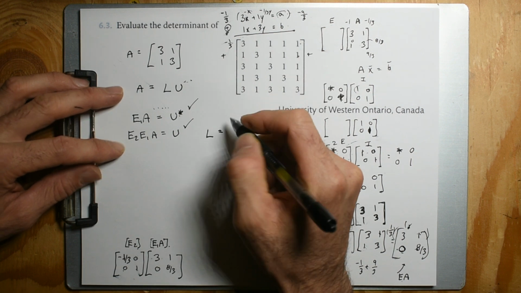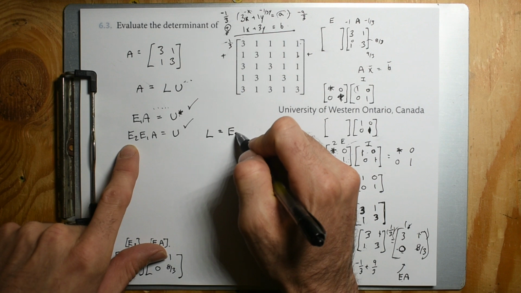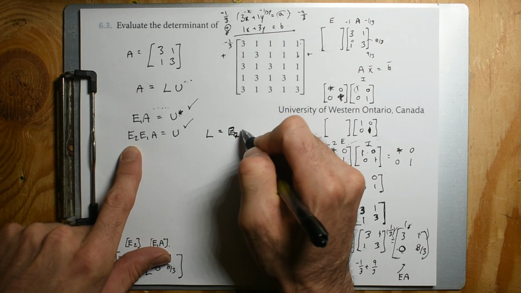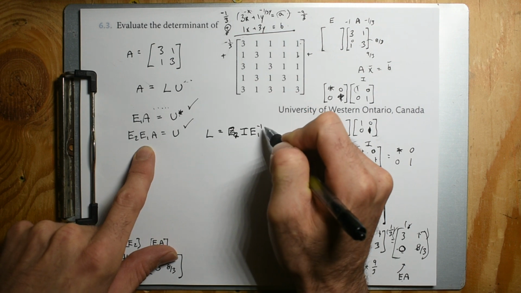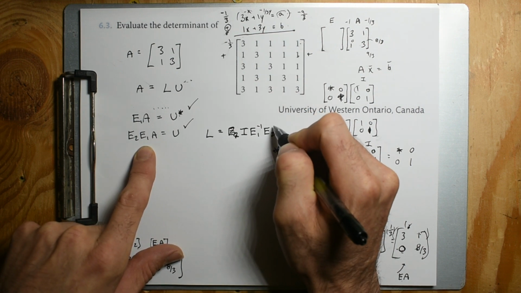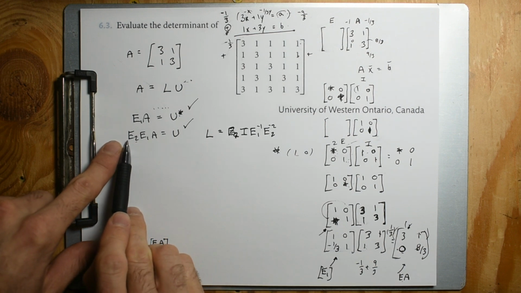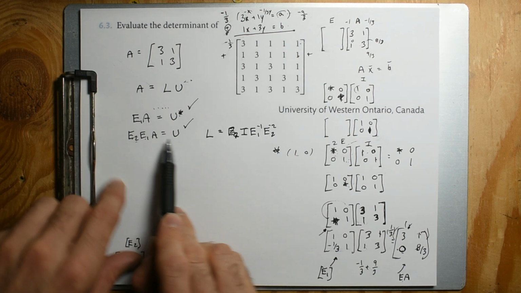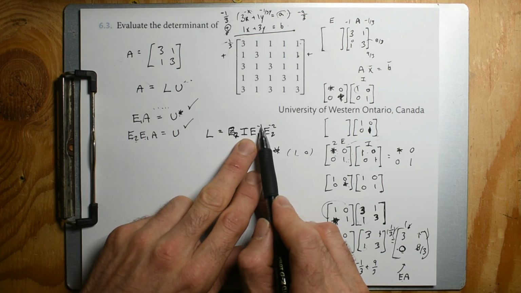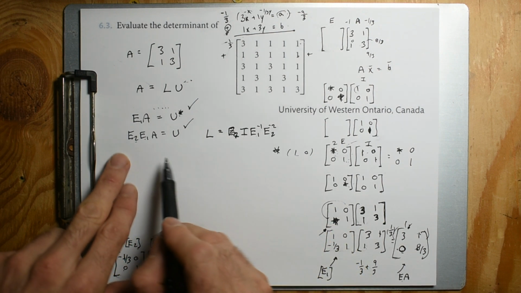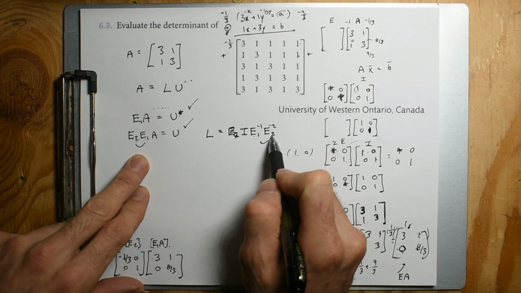Our lower is going to be the identity matrix times the inverse of E1 times the inverse of E2. And you can see how this goes in E2, E1 A. This starts on this side, identity matrix, E1 inverse, E2 inverse. And so we can see that this order 2, 1 is switched to 1, 2.